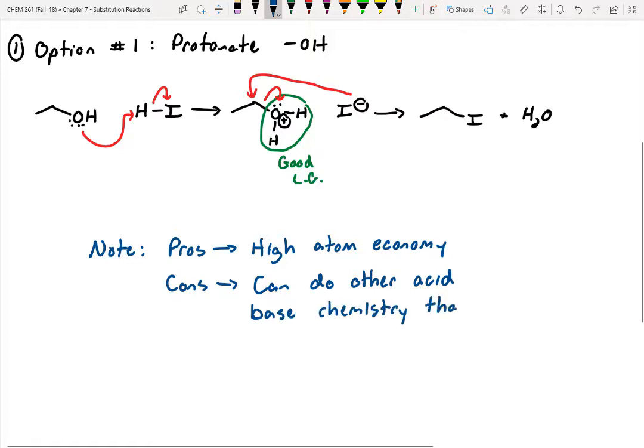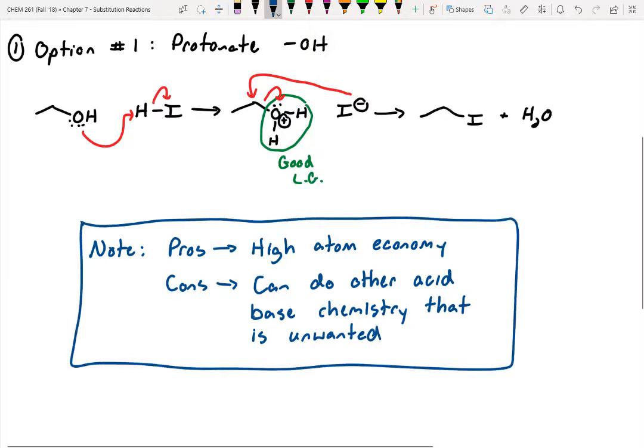That is unwanted. So we do have to be careful under simple situations. Yeah, it's really easy to do this reaction, works just fine. However, if you have, let's say, an acid-sensitive functional group, this is obviously not going to be a good approach.